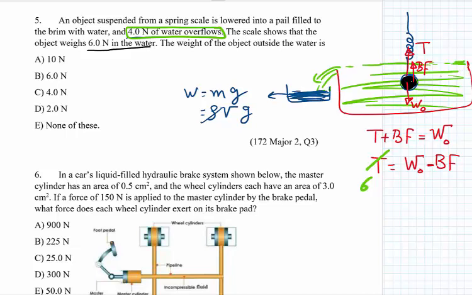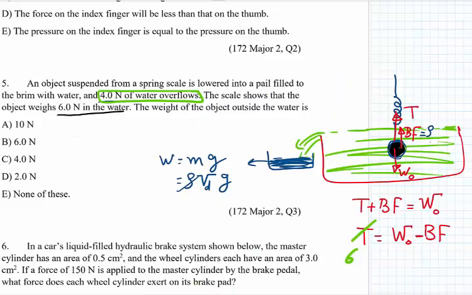Rho is the rho of water, and V is the volume of the overflow water, which equals the displaced water by the object, times g. This buoyant force is rho times V displacement times g. So the buoyant force equals the weight of the displaced water, which is 4 Newton in this case.